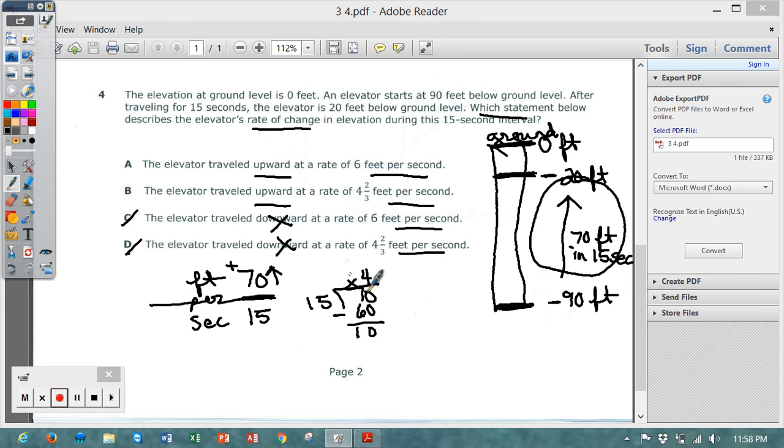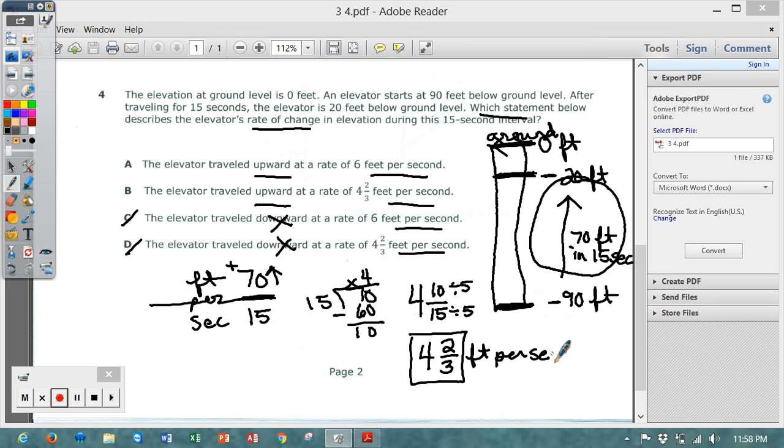So let's write our final answer as a fraction. 4 and 10/15. Let's simplify the fraction, divide by 5 on the top and the bottom. So that would be 4 and 2/3. So sure enough, 4 and 2/3 feet per second is our answer, and it's going up. So B is the right answer.